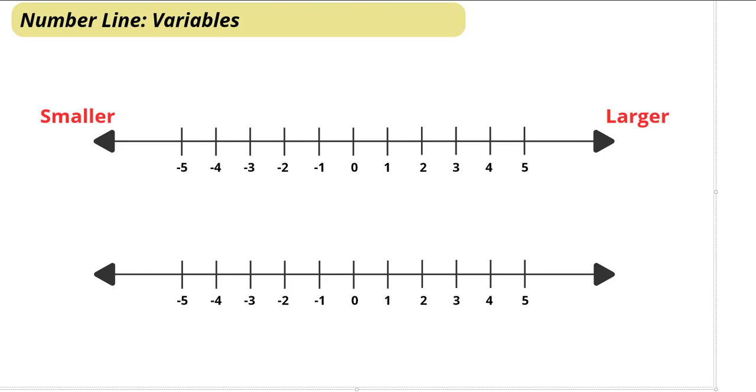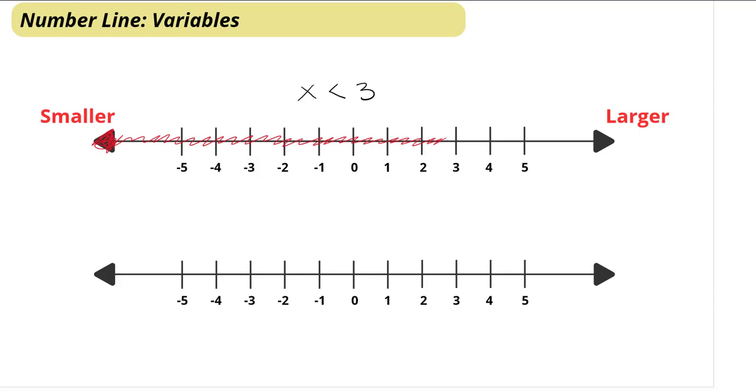Now let's take a look at a number line when we're working with these variables. Let's suppose we had x is less than, let's pick a number that's on here, x is less than 3. If we were to graph this on the number line, that means all of these numbers that are less than 3, going on and on forevermore, we can even color in that arrow.